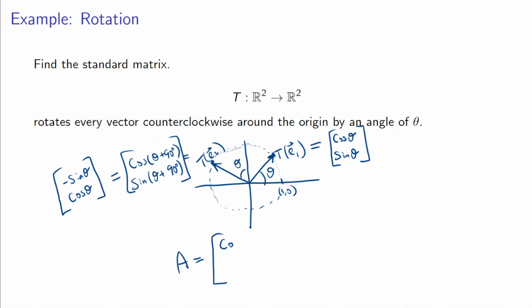And so our matrix A, if we're talking about rotating by an angle theta, is going to be given by a matrix whose first column is cosine theta, sine theta, and whose second column is negative sine theta, cosine theta.